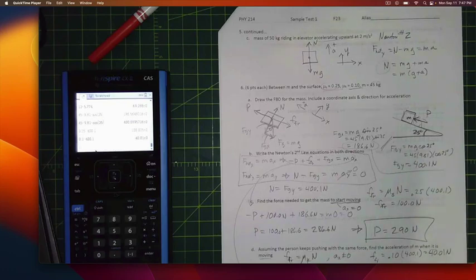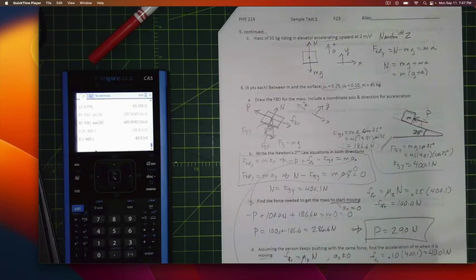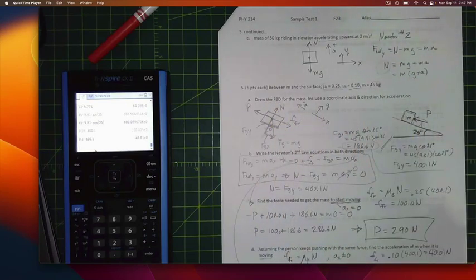Let's put it all in. Negative 290 plus the force of friction, 40.01, plus the X component of gravity, 186.6. These are all newtons, so we're in good shape, equals M times A, where M is 45, times AX. Add those all together: negative 290 plus 40 plus 186.6.